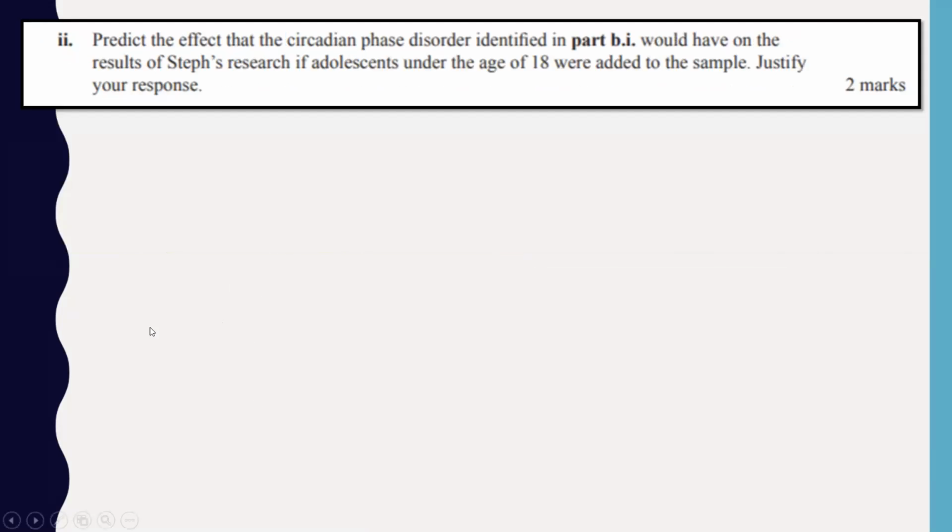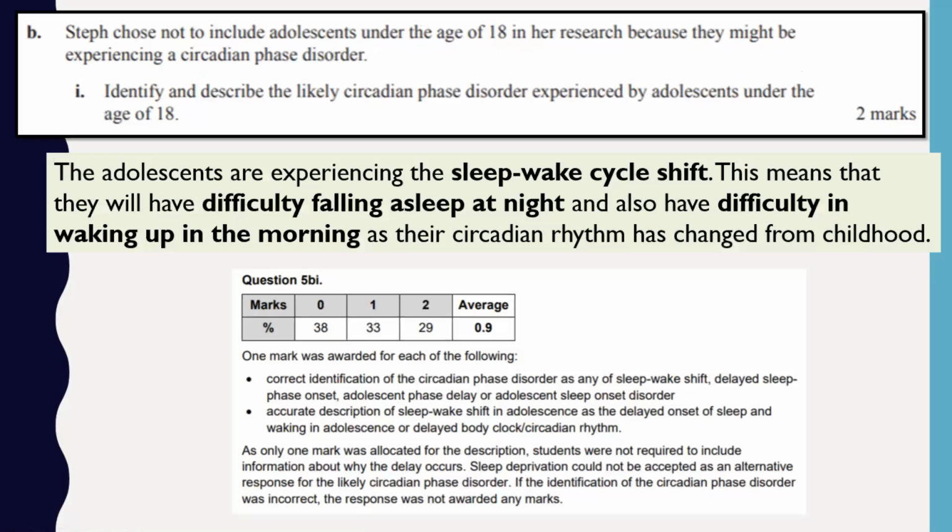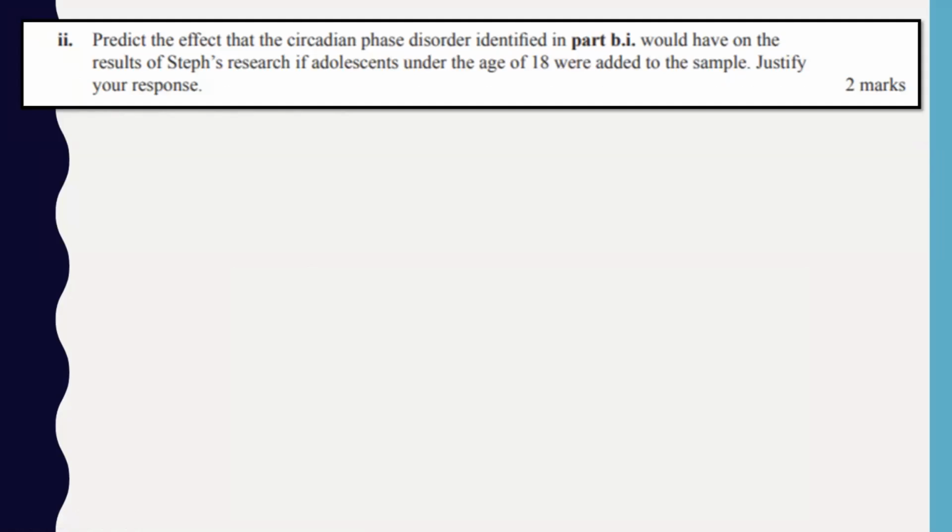This is again a research methods related one. It says predict the effect that the circadian phase disorder identified in part BI, which is the sleep-wake cycle shift, would have on the results of Steph's research if she added adolescents who were under the age of 18. Now remember that the original participants in Steph's study were over the age of 18. They were technically adults.